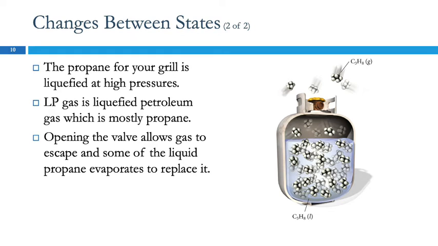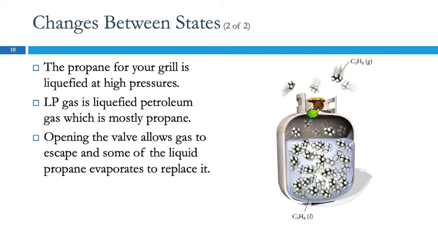Here's an illustration of a propane tank that you might have for your gas grill in the backyard. So this is LP gas, which is liquefied petroleum gas. It's mostly propane. And so here in the liquid form, the gas occupies a much smaller volume.